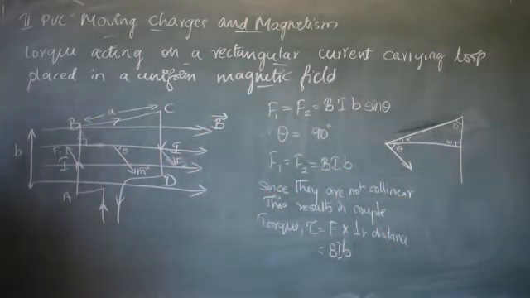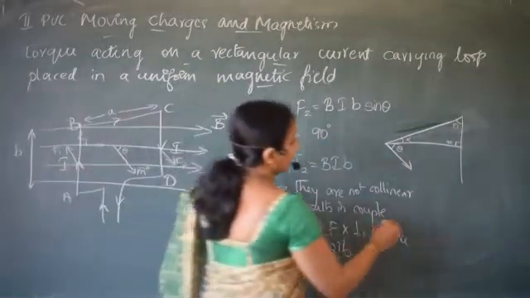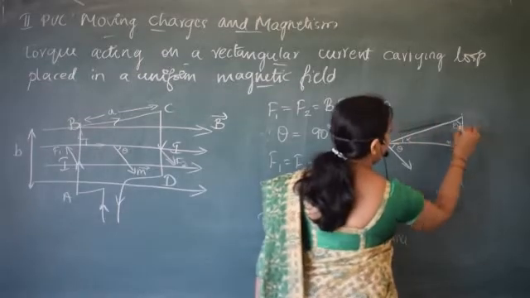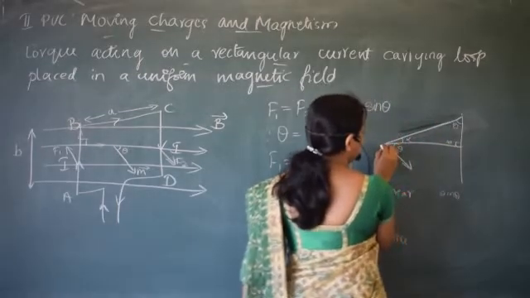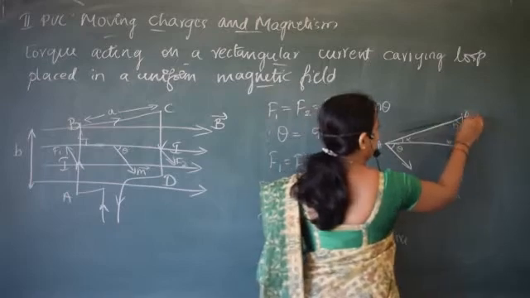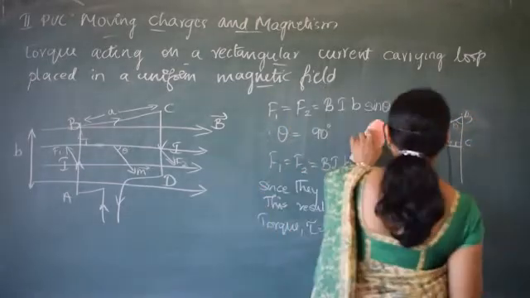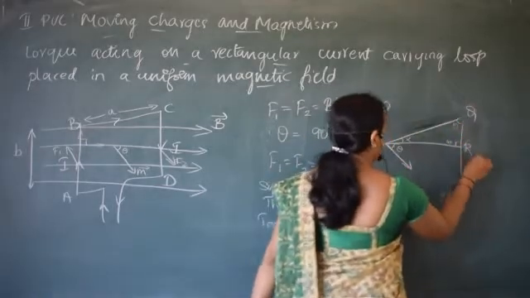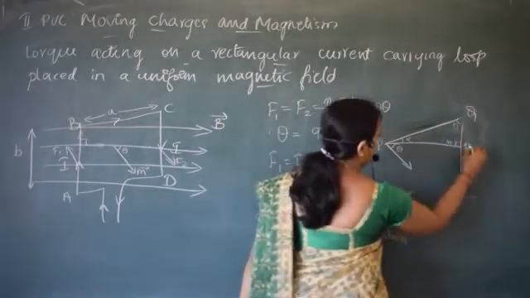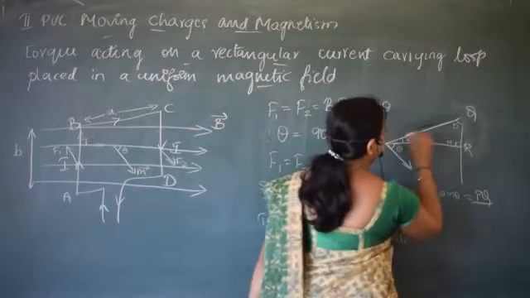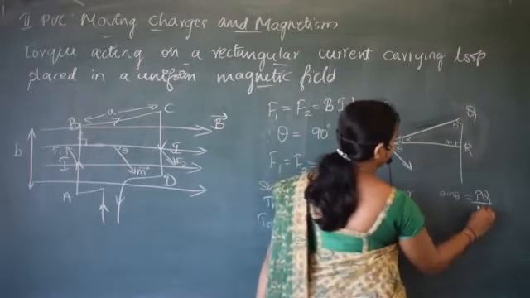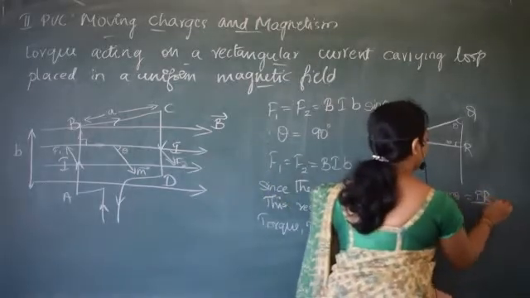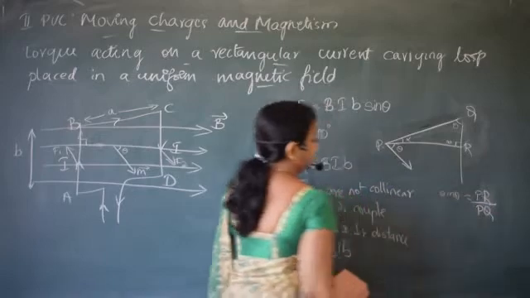Now, sine theta is equal to, from the diagram, what can we say? Sine theta is equal to opposite by hypotenuse. Let me label the points P, Q, R. Sine theta is equal to opposite by hypotenuse, PR by PQ.